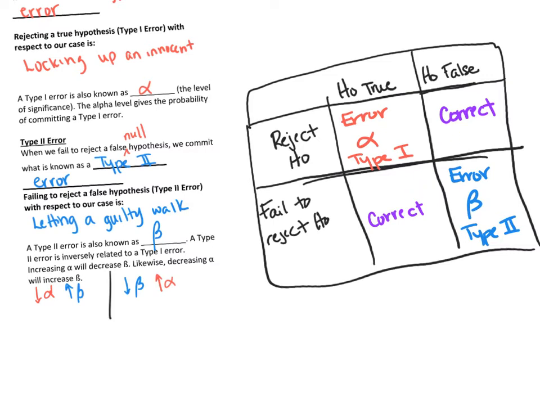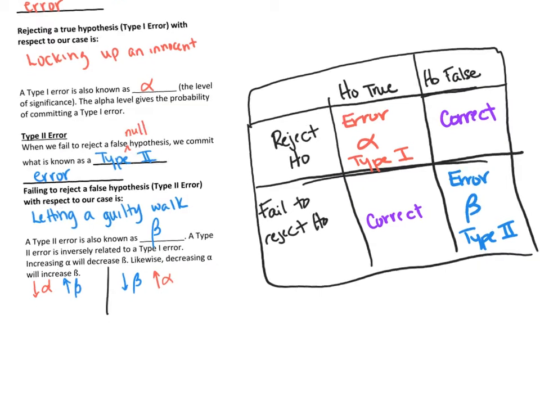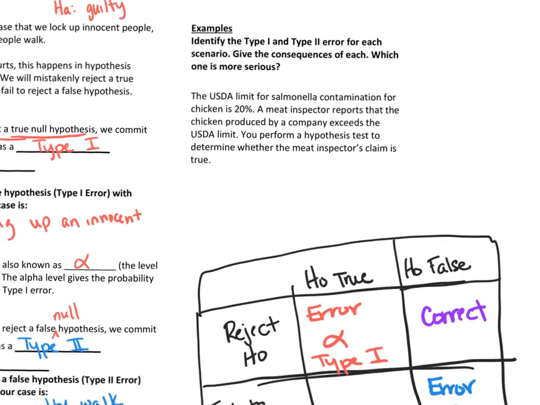So let's talk about how errors are affected and what they do in terms of a real-life problem. Let's look at the example. It says, identify the type 1 and type 2 error for each scenario. Give the consequences of each, and which one is more serious. The USDA limit for salmonella contamination for chicken is 20%. A meat inspector reports that the chicken produced by a company exceeds the USDA limit.